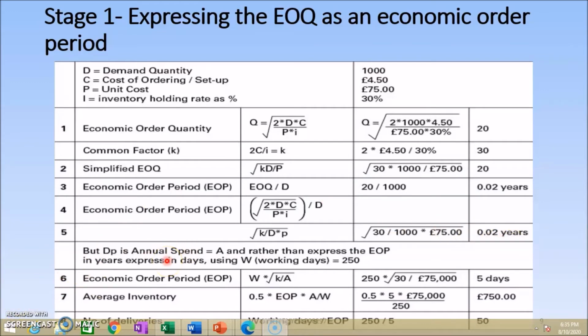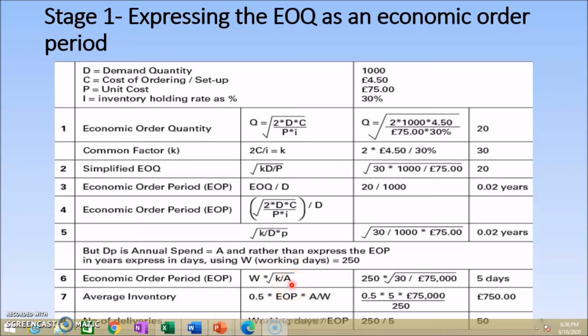If we express D multiplied by B, actually demand quantity multiplied by unit cost, that is annual demand, we come up with this formula.